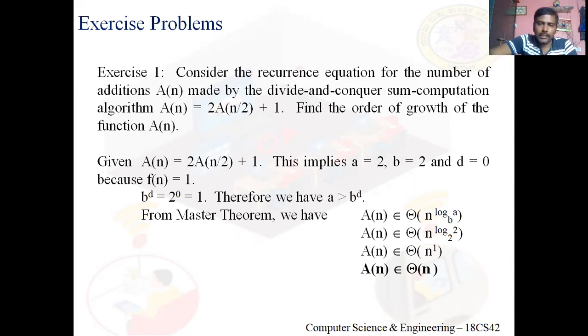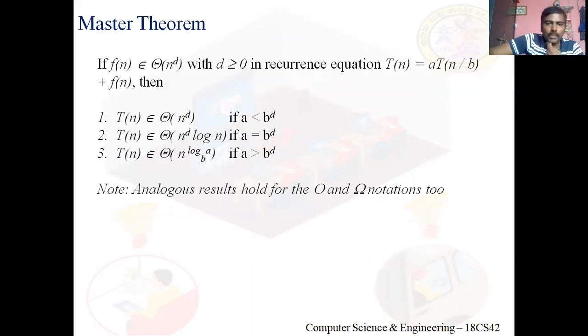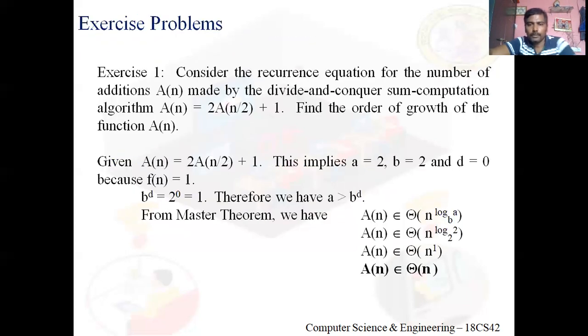If a is greater than b power d, which of the 3 cases do I need to choose? a greater than b power d means the third case. Instead of T of n, I will use A of n, which belongs to big theta of n to the power log a base b.